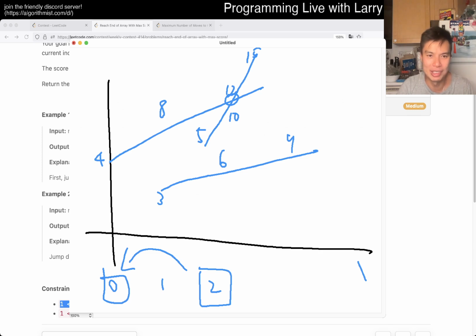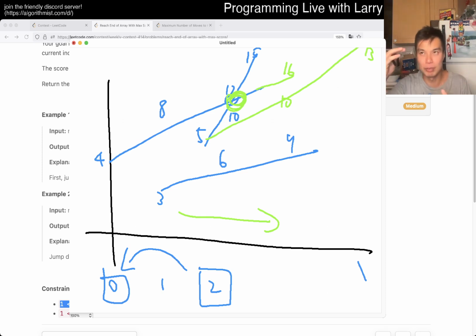Let me draw over the 10 real quick, because I think the 10 is actually here, right? And then the 15 is here. So maybe I think this is actually a 16. So it doesn't actually cross quite yet. But the thing is that going from left to right, there is going to be a point where it's better to take the 5 over the 4, right? Because initially it takes the 4 over the 5, and then you have all these events.